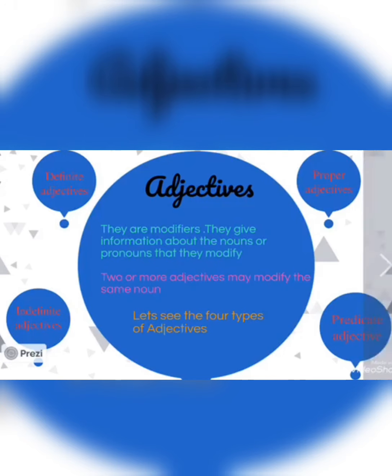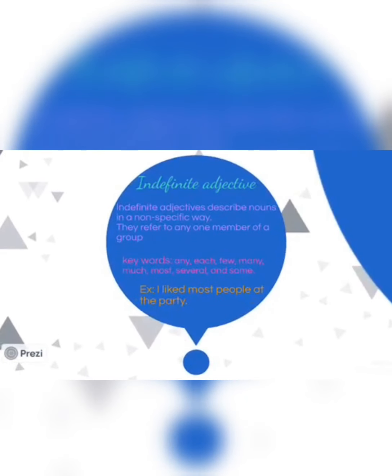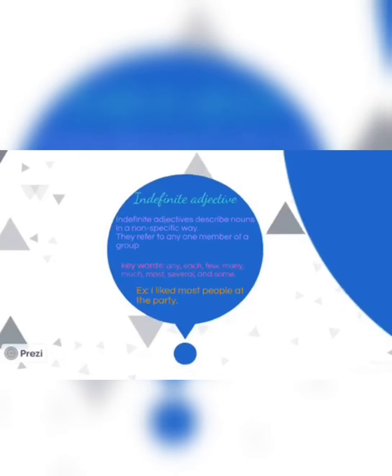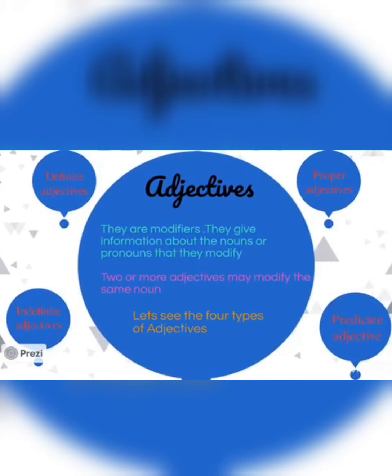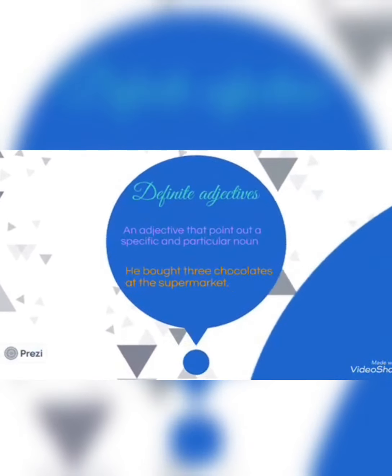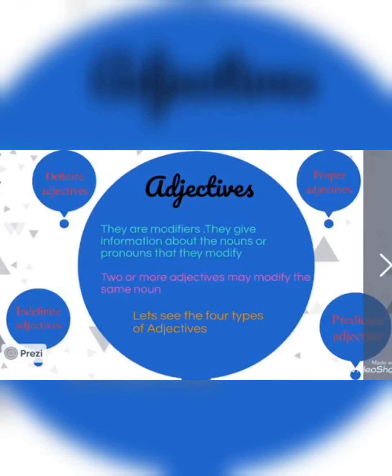First, we have indefinite adjectives. Indefinite adjectives describe nouns in a non-specific way. They refer to any one member of a group. Keywords for indefinite adjectives are most, several, some, many, few, and so on. An example for indefinite adjectives is: I liked most people at the party.